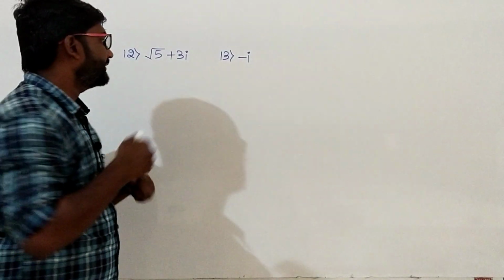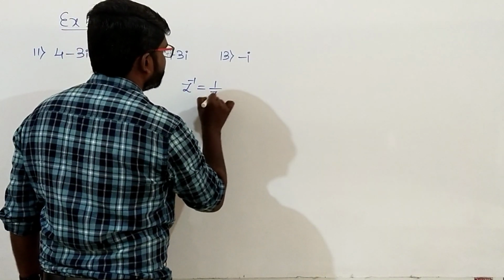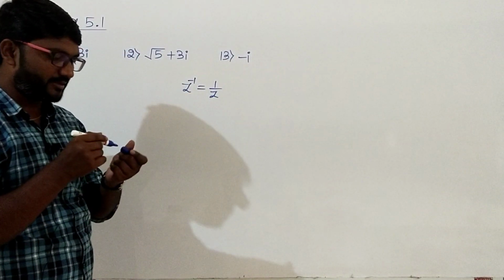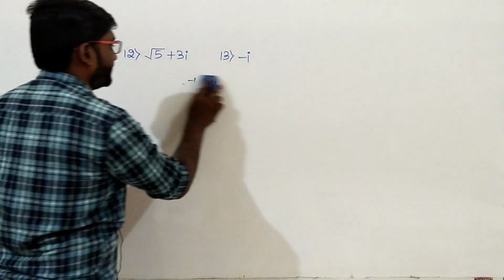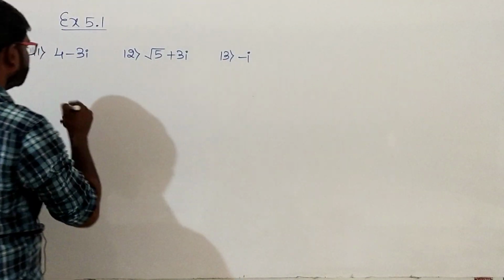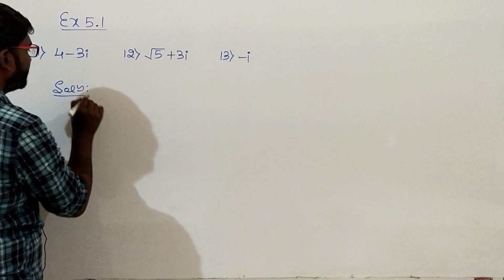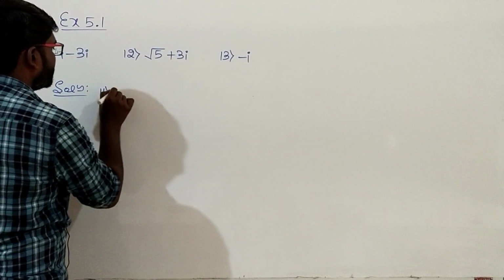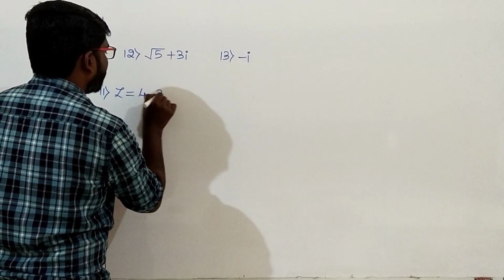Multiplicative inverse, it is z inverse, which is equals to 1 by z. So by making use of this concept, we have to find multiplicative inverse. So let us take up the 11th one. Given z which is equals to 4 minus 3i.